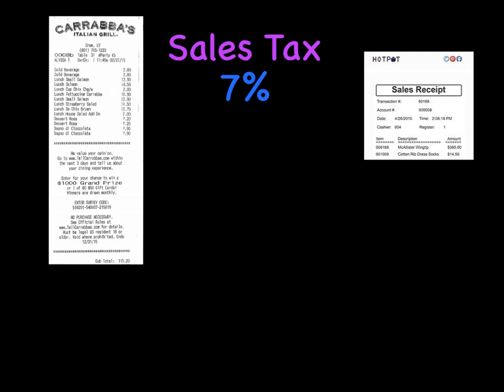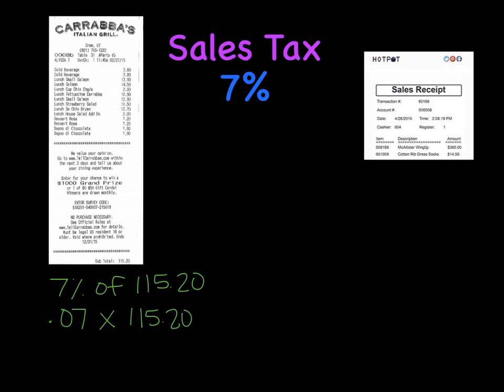Well, it's 7% of the total, and 7% of the total could mean multiplying. So that would be 7% of the total of $115.20. Well, to find 7% of that, you would simply change your percent to a decimal, which is 0.07, times $115.20.